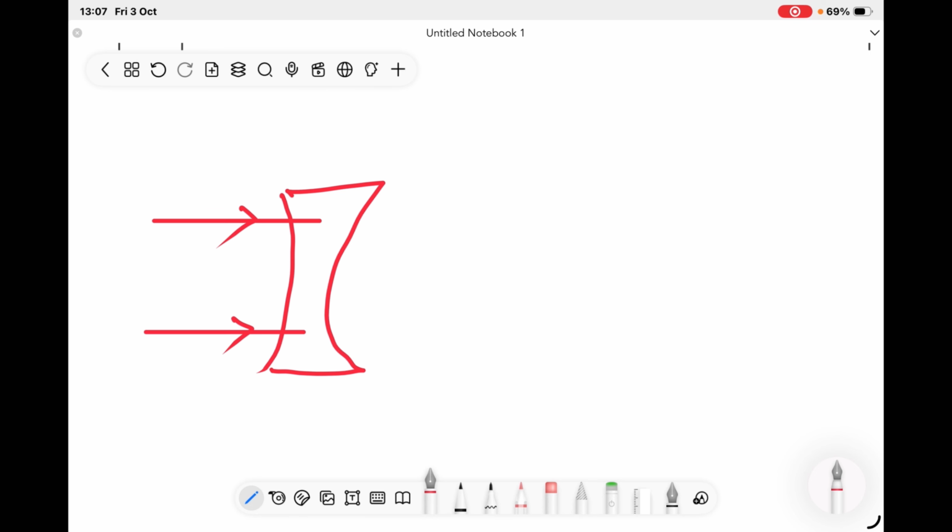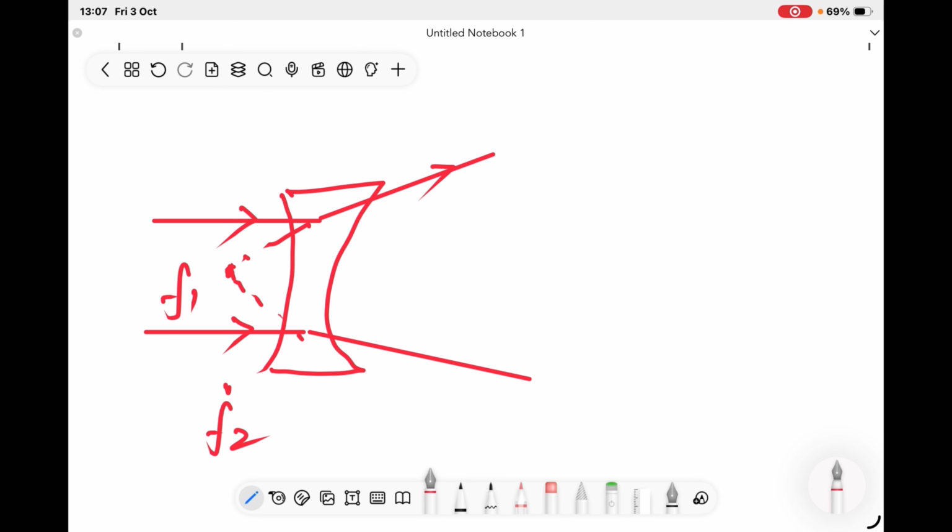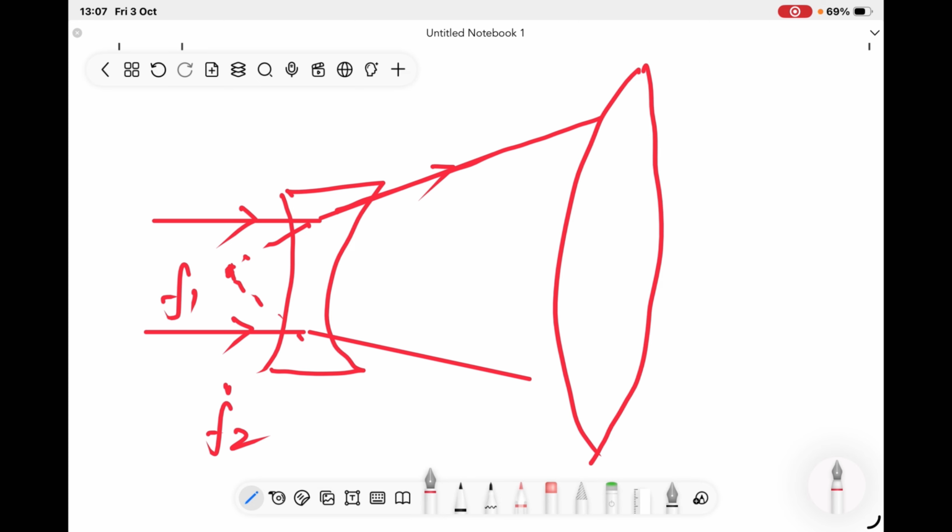This is the incident beam and it will be refracted this way because it is a diverging lens. It means the rays are coming from its focus, or seem to be coming from it. This is f1, and now this point also should be the focus of the second lens, which is convex, so that if the object is at focus for the second lens, rays are coming from focus, so it can also produce a parallel beam of light once again.